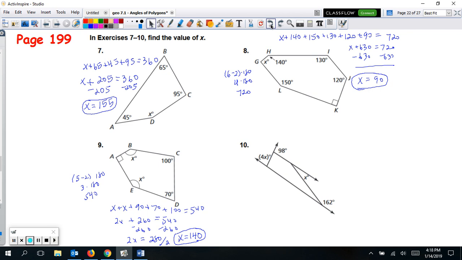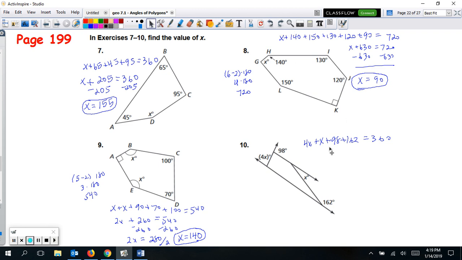And then for number 10, this one, it's all exterior angles, so we know the sum is going to equal 360. It will always equal 360 no matter how many sides we had here. So the number of sides doesn't matter. I don't have to count them up. I know it's going to equal 360. I'm just going to add all these together. So we've got 4x plus another x plus 90 plus 162. It's equal to 360.